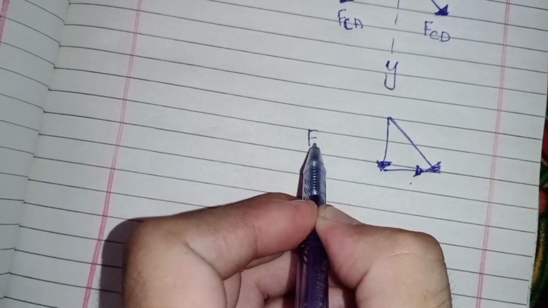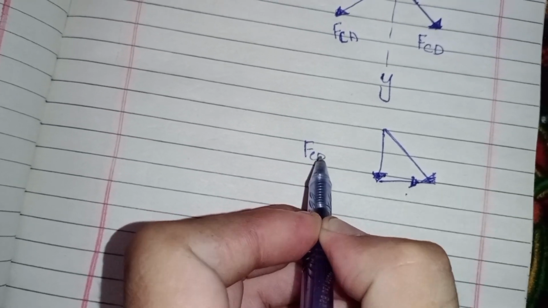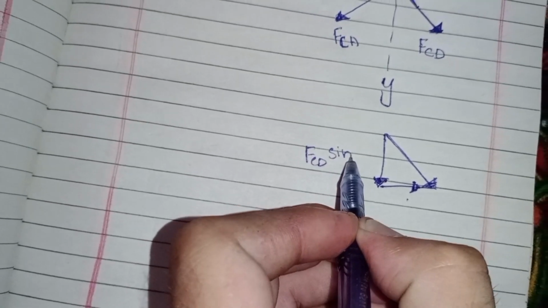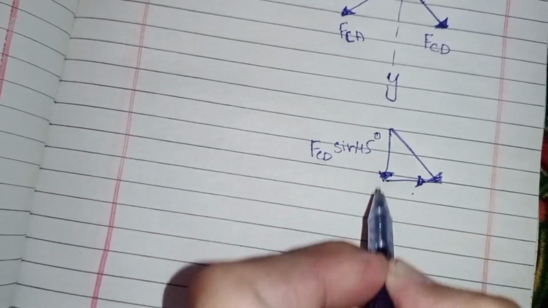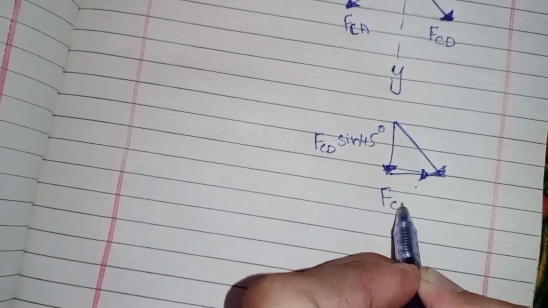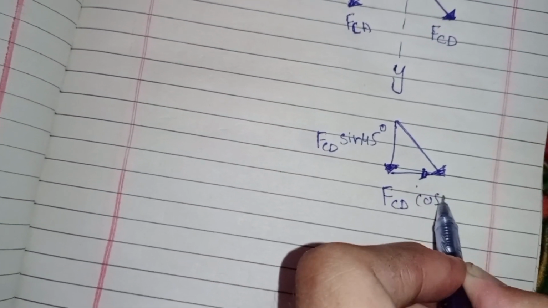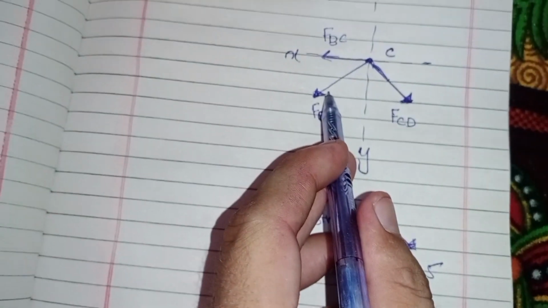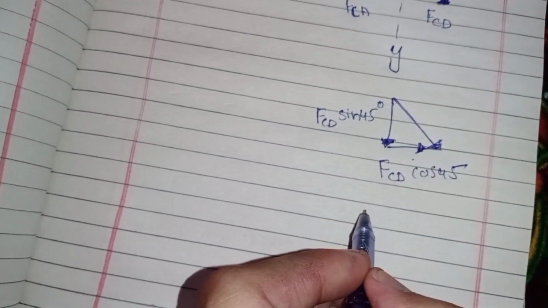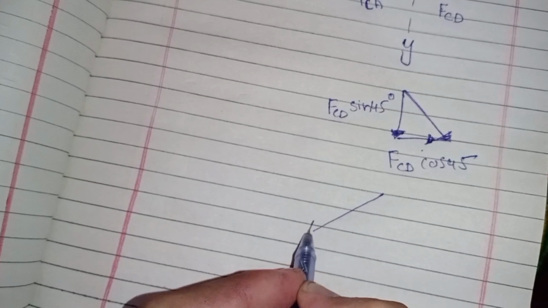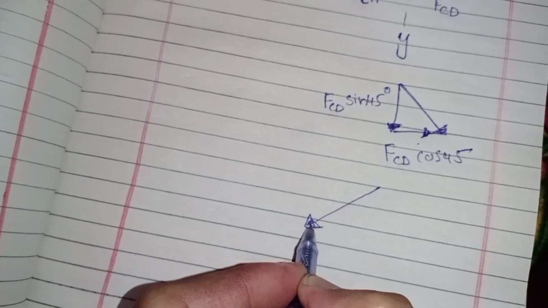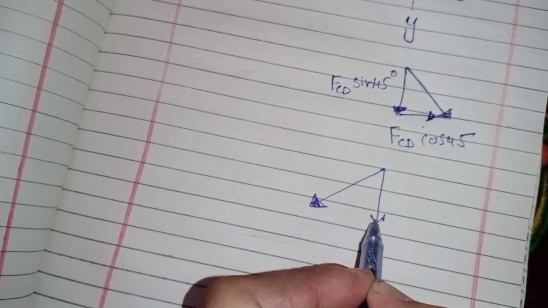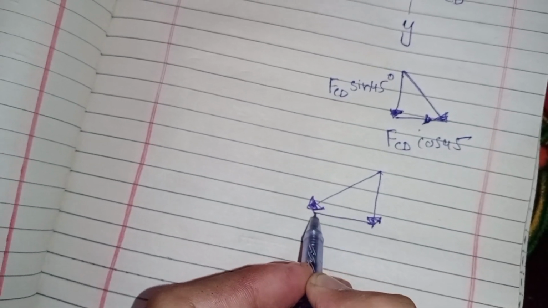So FCD or DC sin 45, FCD cos 45. Okay, and also I resolve this force into its components. This force is here, this is the vertical component, and this is the horizontal component.